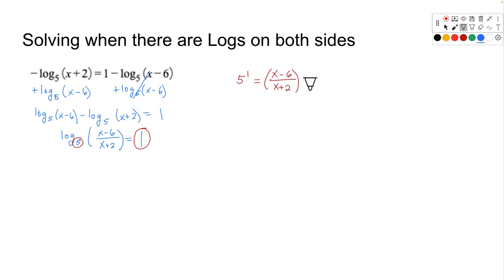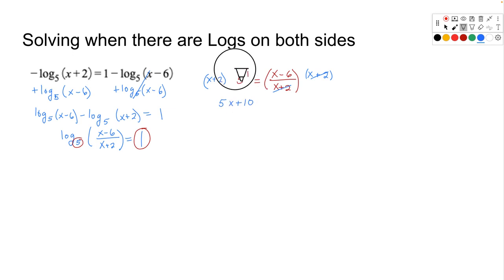Get rid of the fraction by multiplying by the fraction's denominator, x plus 2, on both sides. Again, when we've got an equal sign, we can multiply both sides by the same thing. So x plus 2 goes away. We can distribute this 5 to the first power, which is 5. And so on this side, we will get 5x plus 10.